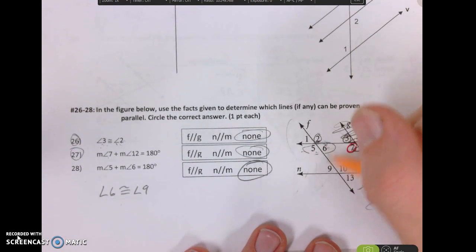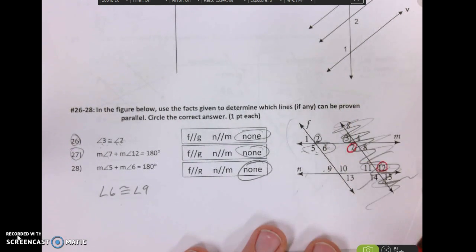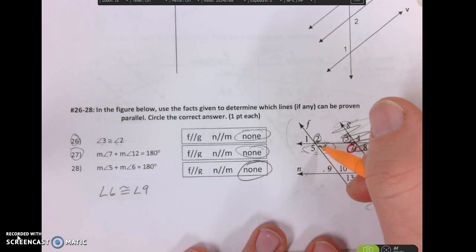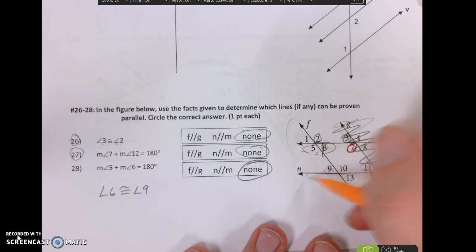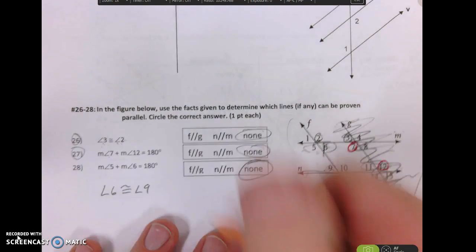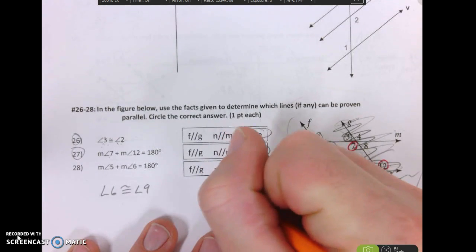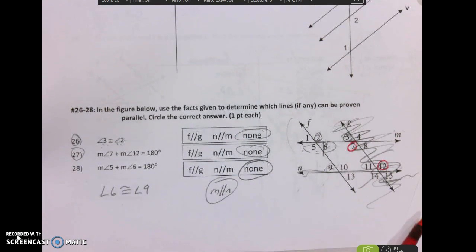Angle 6 and angle 9 are alternate interior. They're supposed to be congruent. So they would prove that line M, this is line M, so that's on 6. Angle 9 is on N. These are alternate interior. That proves M and N are parallel. So on that one, I would circle that.